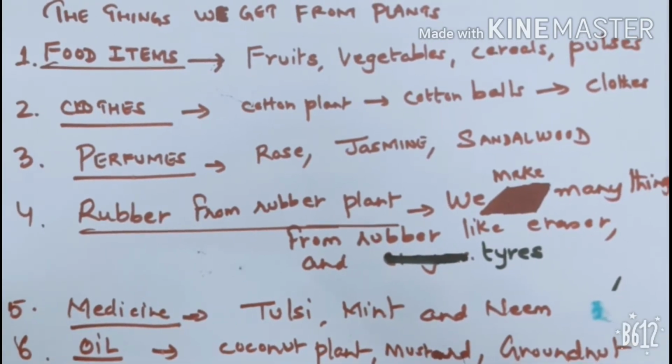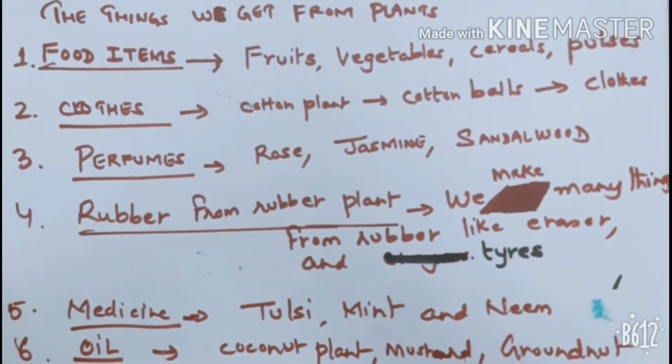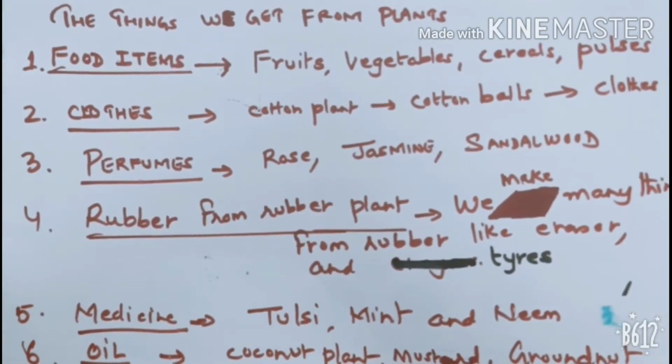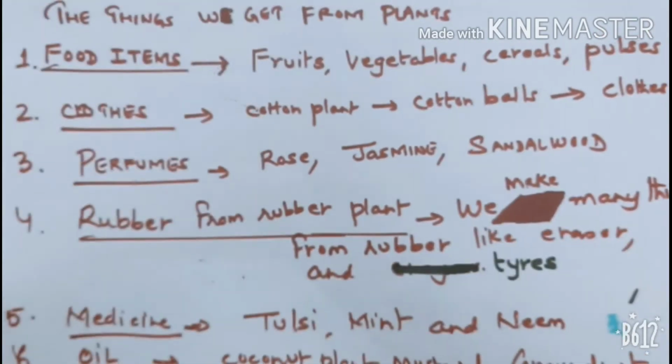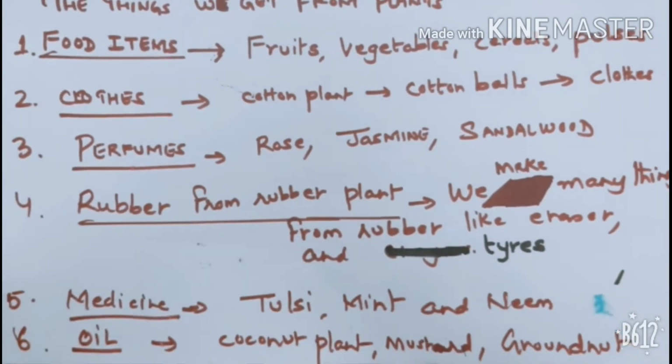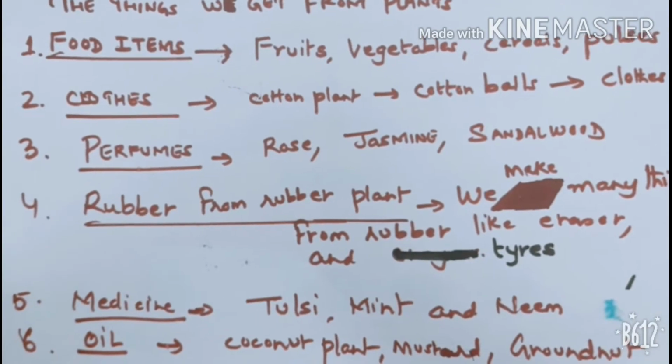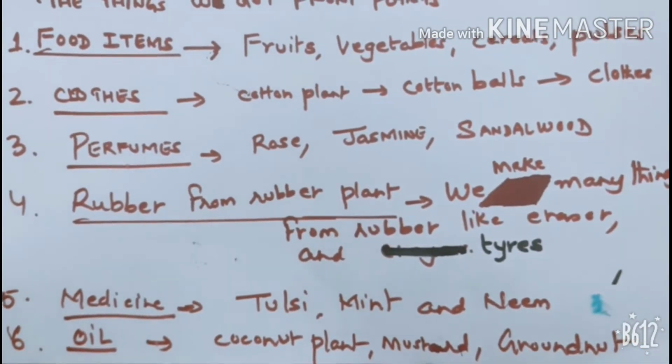Then second, clothes. We also get clothes from plants, and that is the cotton plant. Number 3, perfumes. Perfume we get from plants only, like rose, jasmine, sandalwood. Then rubber also from the rubber plant.